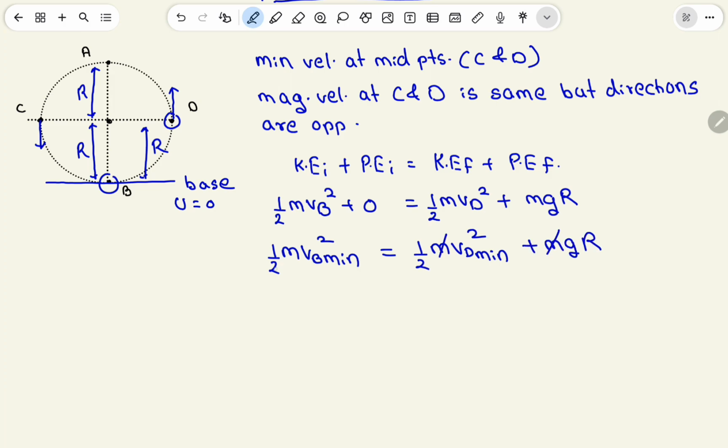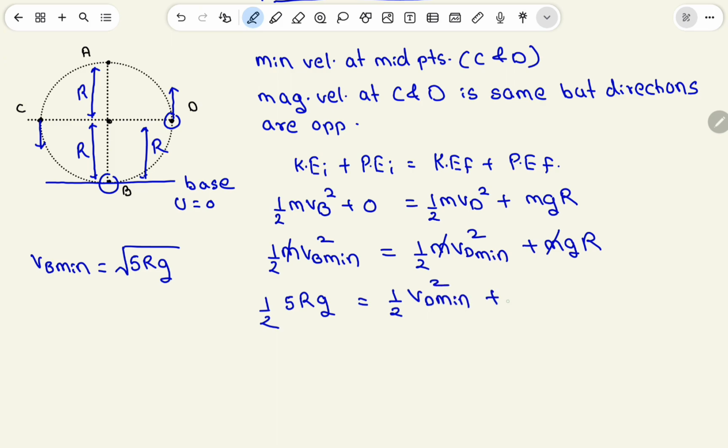Let's cancel the m's first. We just derived the formula for vb minimum, and what we got was under root 5Rg. So let's plug in the value. Over here we have 5Rg by 2 is equal to half vd minimum square plus gR.